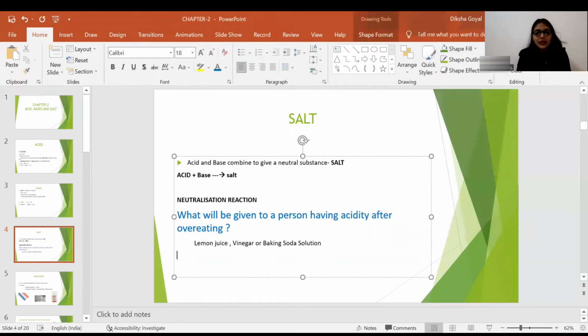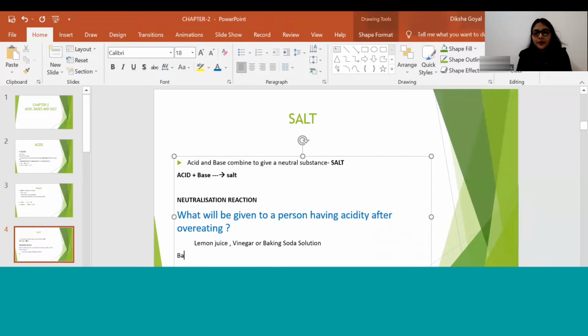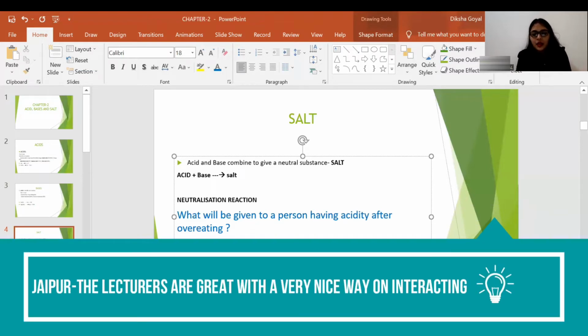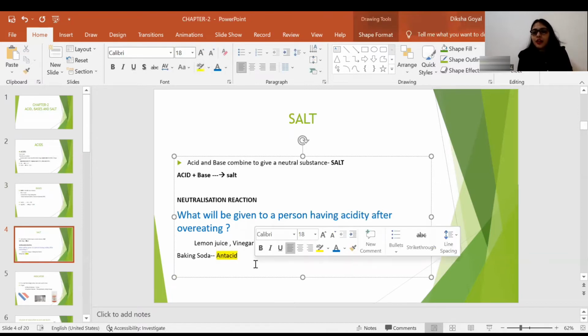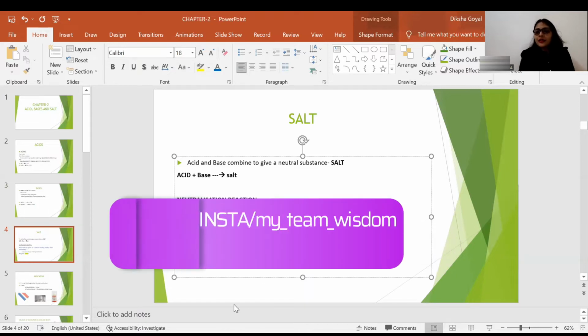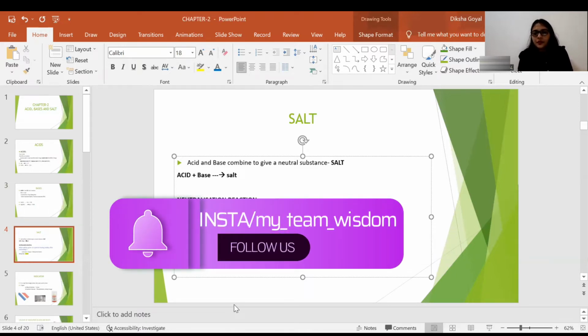And in this case, this baking soda is known as an antacid. So now we have learned this new term, antacid. What does that mean? A substance which is given to neutralize the effect of acid is known as an antacid, right?